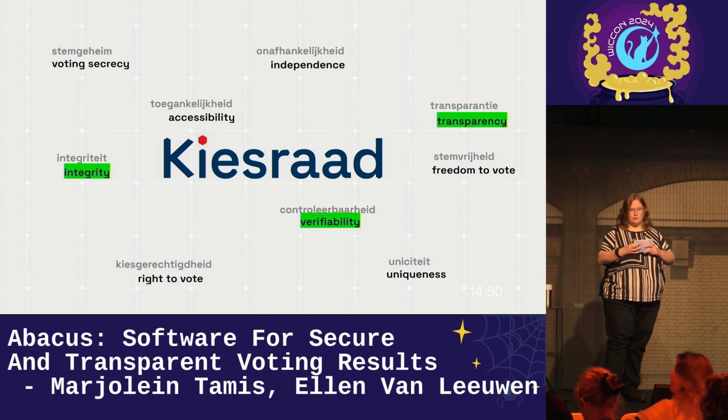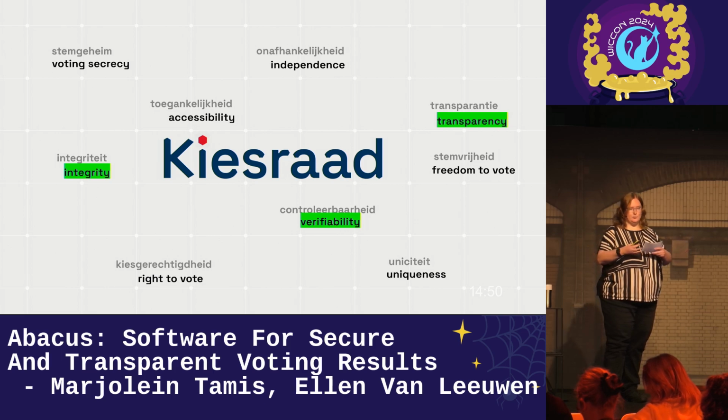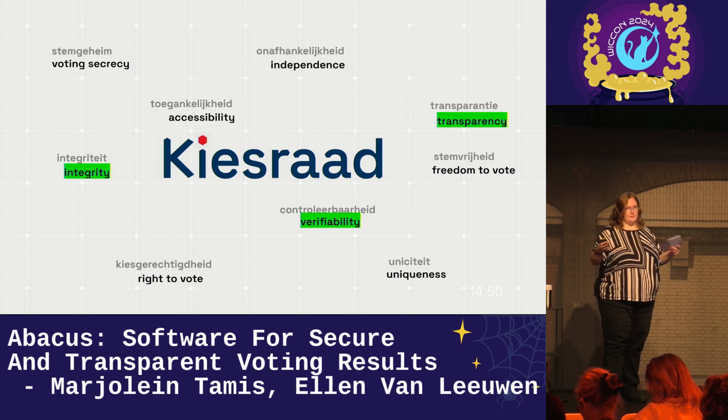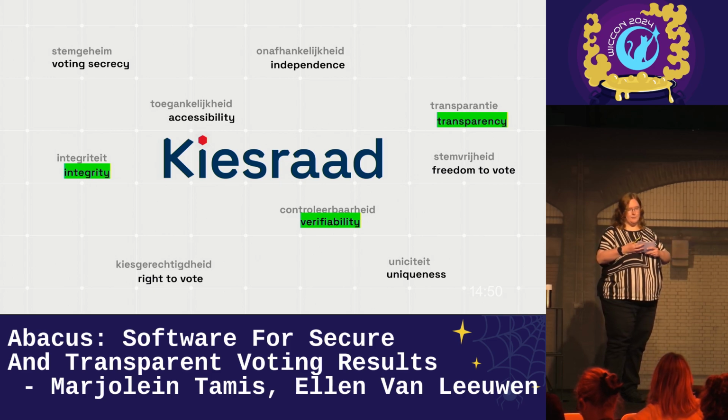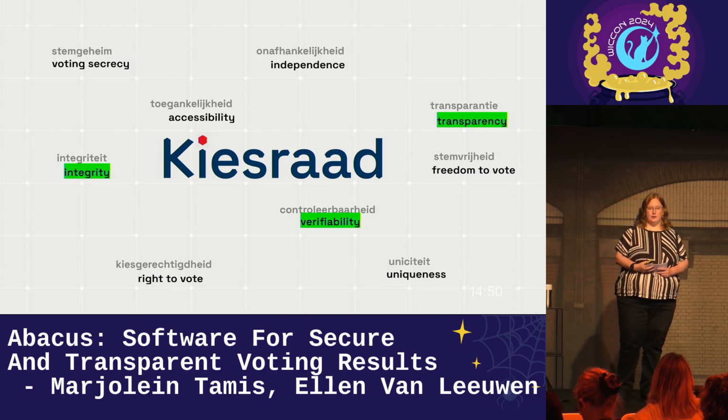Accessibility. Everyone should be physically able to vote, and it shouldn't be too difficult to vote. It should be an understandable process; if it becomes too difficult on the actual ballot, that is a problem. Integrity, making sure that the elections are honest and fair.